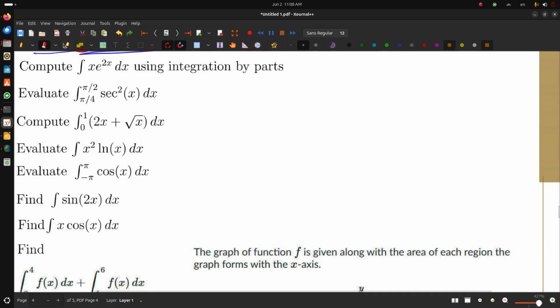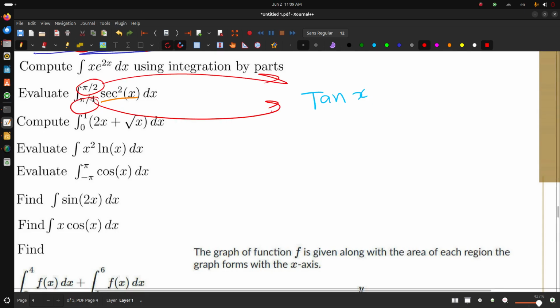Okay, next we need to get the integration from pi over 4 to pi over 2 of secant squared x. Okay, at first let's get the integration of this function. You will use the triangle, secant squared will be tan x. Okay, and then remember, what do we do when we have these numbers? We will start by plugging them in.